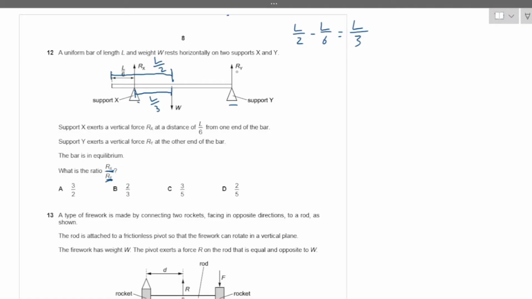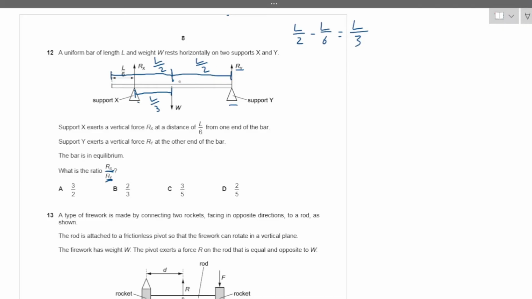Similarly, we can see that there is force Ry. From the perspective of support X, it is acting at a distance. Therefore, it will also cause some moment. But we need to know what distance Ry is acting at. So we know again that this length here is L by 2. It's a uniform bar, so W is acting exactly at the center.